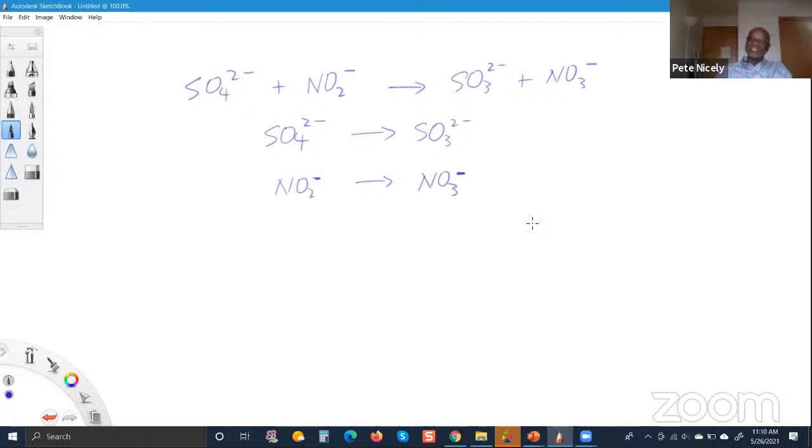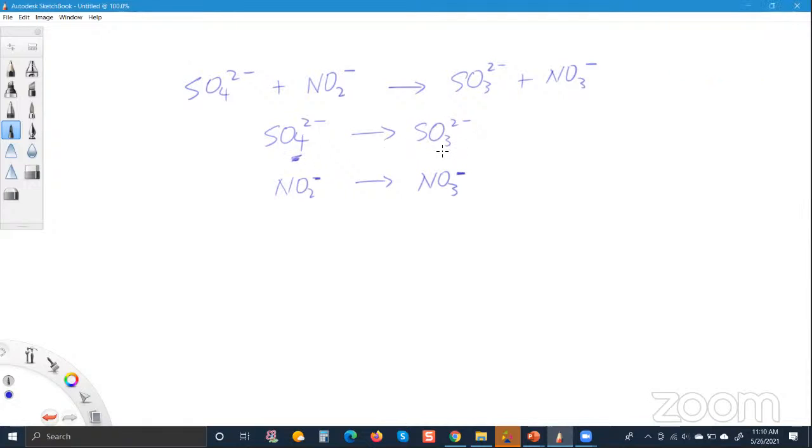Well, okay, so let's deal with the oxygens first. How do we balance the oxygens for the first half equation? We have 4 oxygens on the left, and we have 3 on the right. So what do we do?